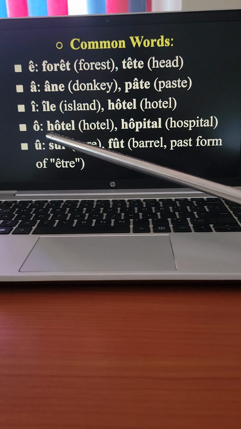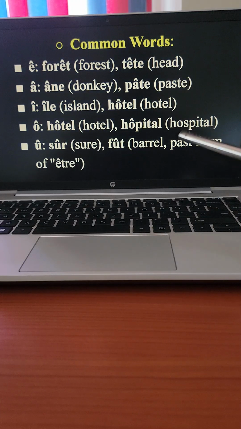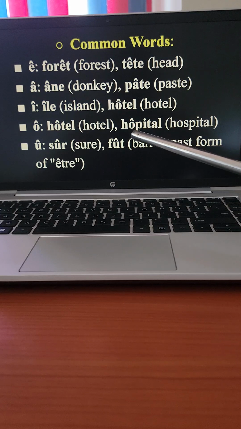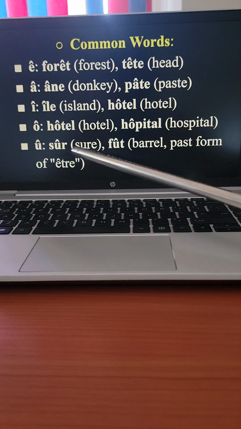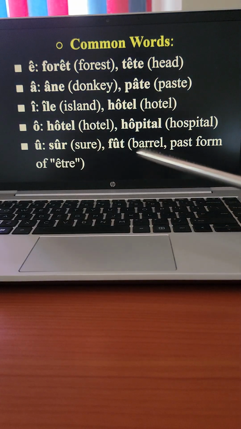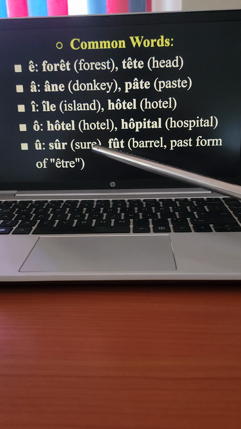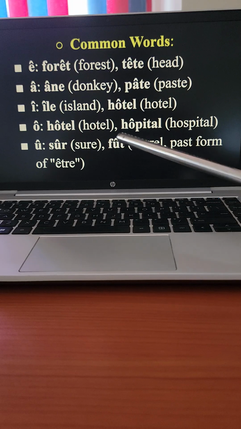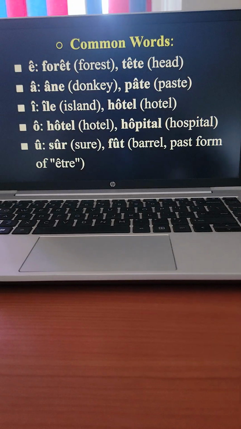Hôpital, you see some ideas of what I'm talking about there. Hospital, so don't say hospital, no, hôpital. You see the U, fût. This is the past form of être.